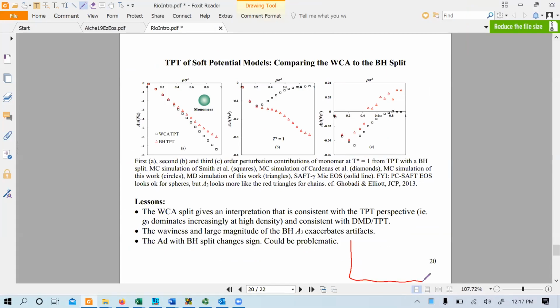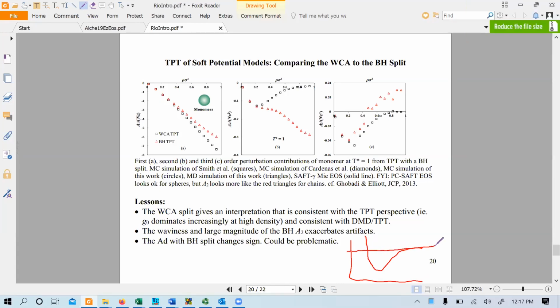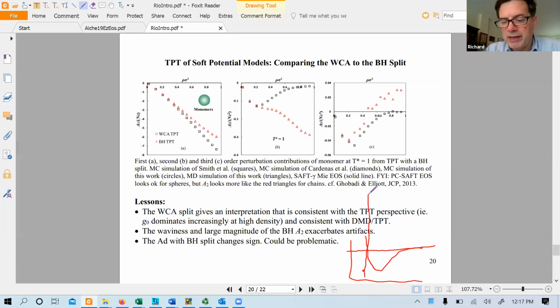So here's a Lennard-Jones potential. And here's 0, right? So what Barker and Henderson do is they say, all right, let's draw a vertical line right here where the potential crosses 0. And what's left of that line, we're going to call the repulsive part of the potential. And what's to the right of that line is the attractive part of the potential.